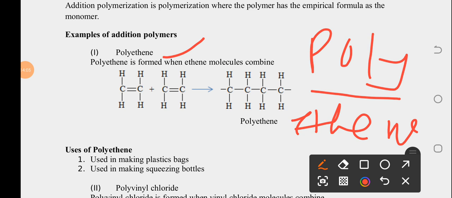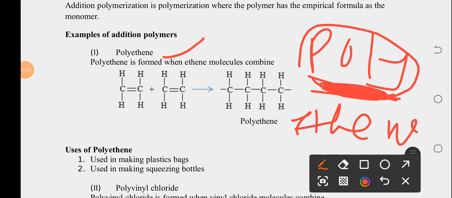The first part of the name, poly, shows us that this is a polymer. The last part shows us that what we have is ethene. So it is a polymer which is formed as a result of combining smaller units or monomers which are ethenes. I'm sure you're getting the point.